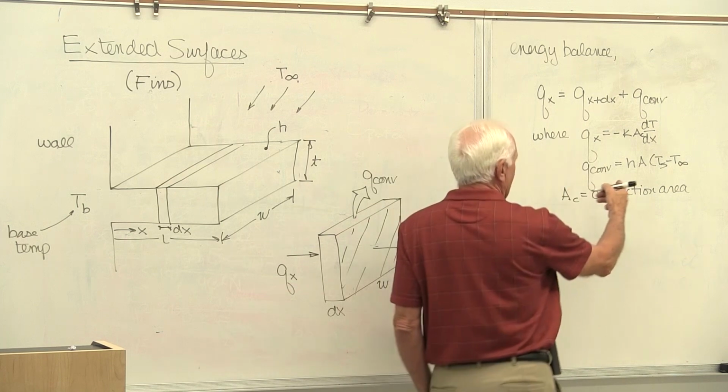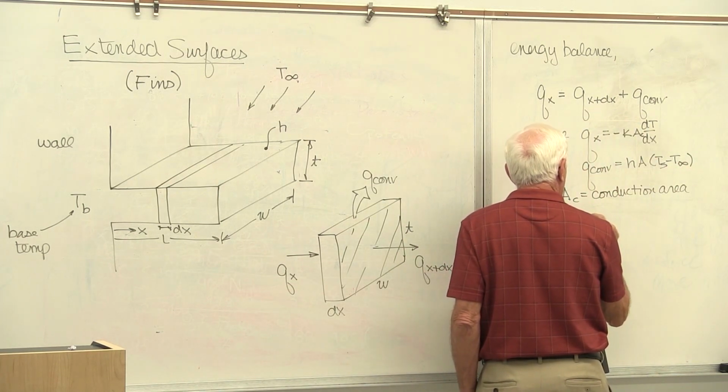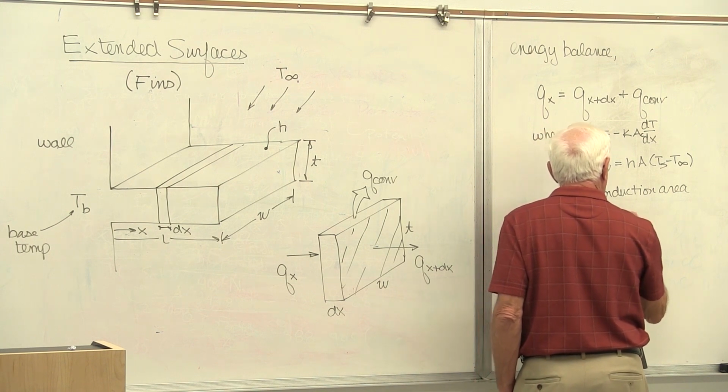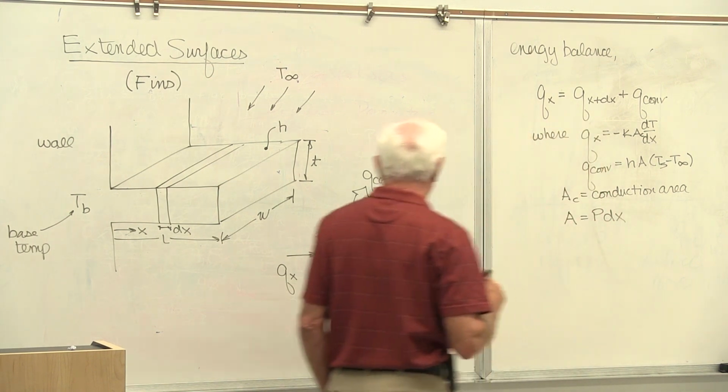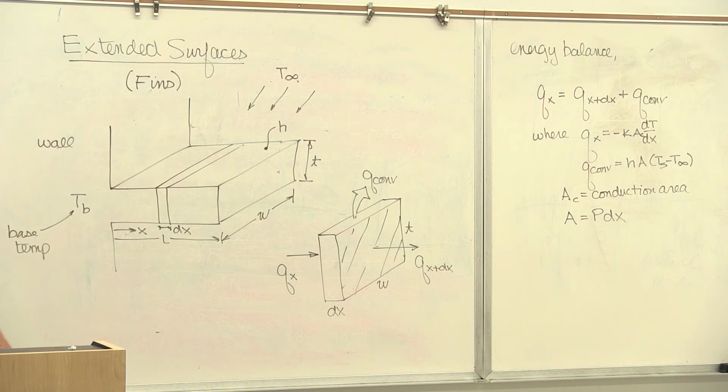The A right here is the convection area, perimeter times dx. They're different areas. What's the perimeter?